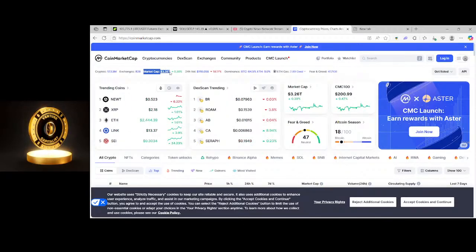And just so you can understand market cap and what it means: Bitcoin was at 69,000 when the market cap was 2.7 trillion. So 0.5 trillion means that Bitcoin can go up $40,000.